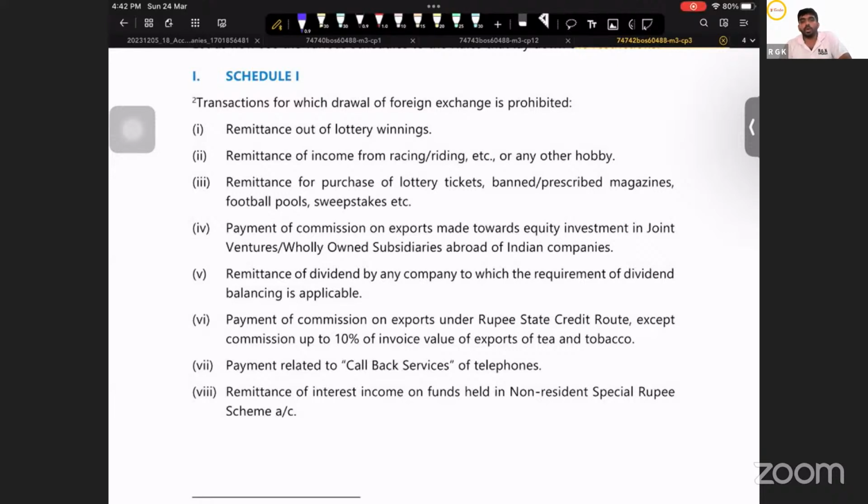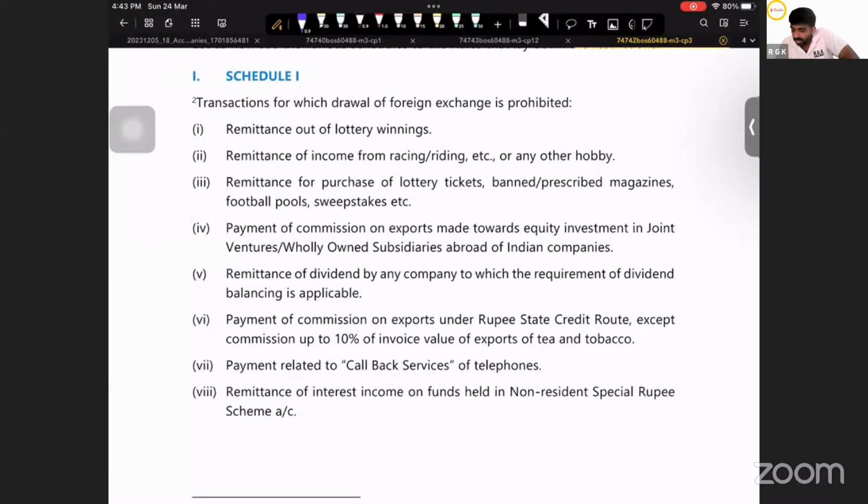Payment related to call back services on telephones: for that too, you cannot pay in foreign exchange. And the last one is interest payment on amounts in a non-resident special rupee scheme account; you cannot draw foreign exchange for that purpose. The non-resident special rupee scheme account is an account for NRIs to maintain some amount in rupees.